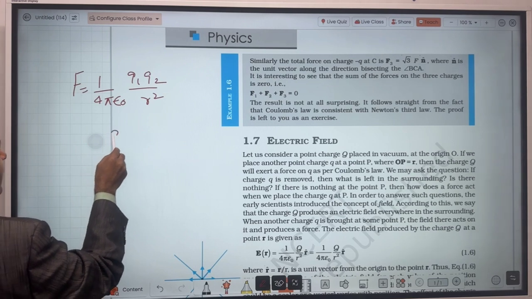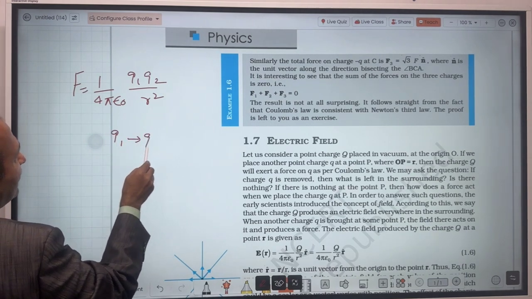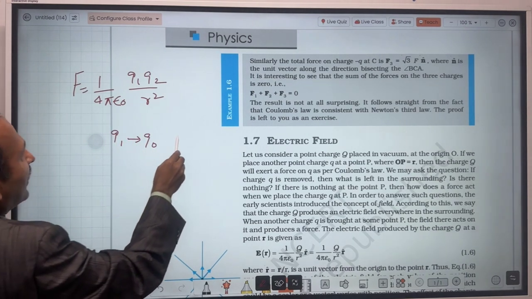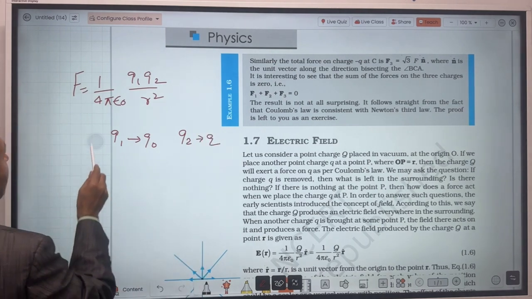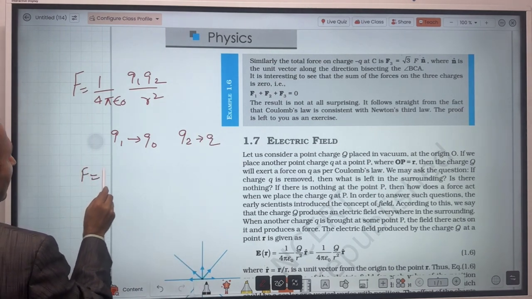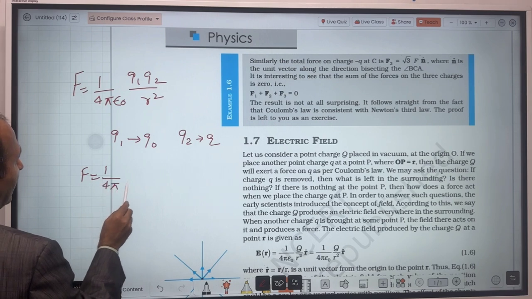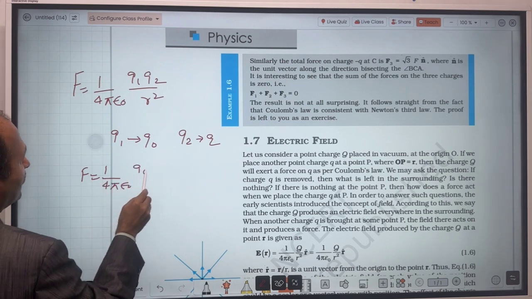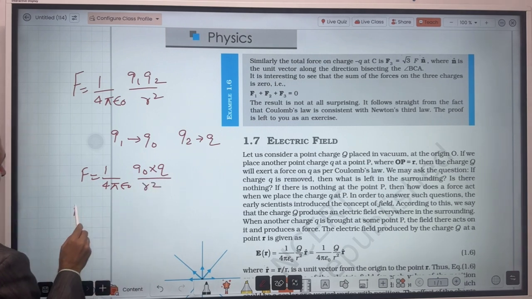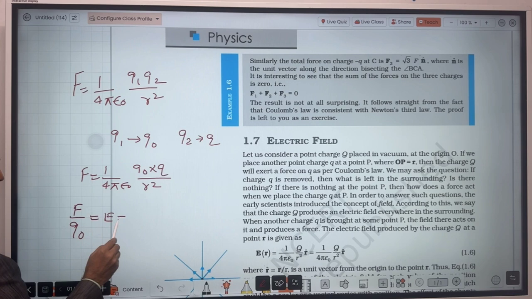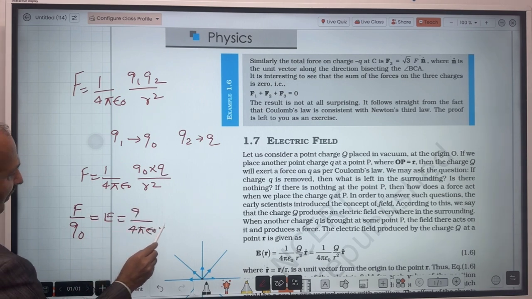Now here, if we assume that Q1 is test charge Q0 and Q2 is equal to Q, then F can be written as 1 upon 4 pi epsilon naught Q0 into Q divided by R square, or F upon Q0, which is electric field, will be Q upon 4 pi epsilon naught R square.